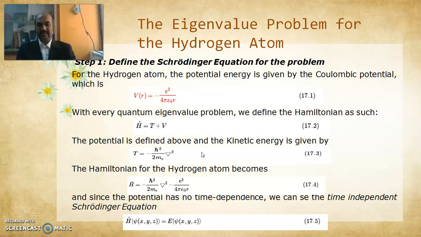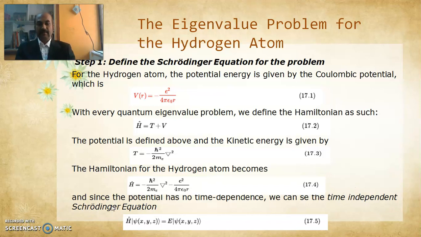The potential is defined above. The kinetic energy is given by T is equal to negative of h cross square divided by 2 me into del square, and this is equation 3. The Hamiltonian for the hydrogen atom will become H cap is equal to negative of h cross square divided by 2 me into del square minus e square divided by 4 pi epsilon naught r, and this is equation 4.